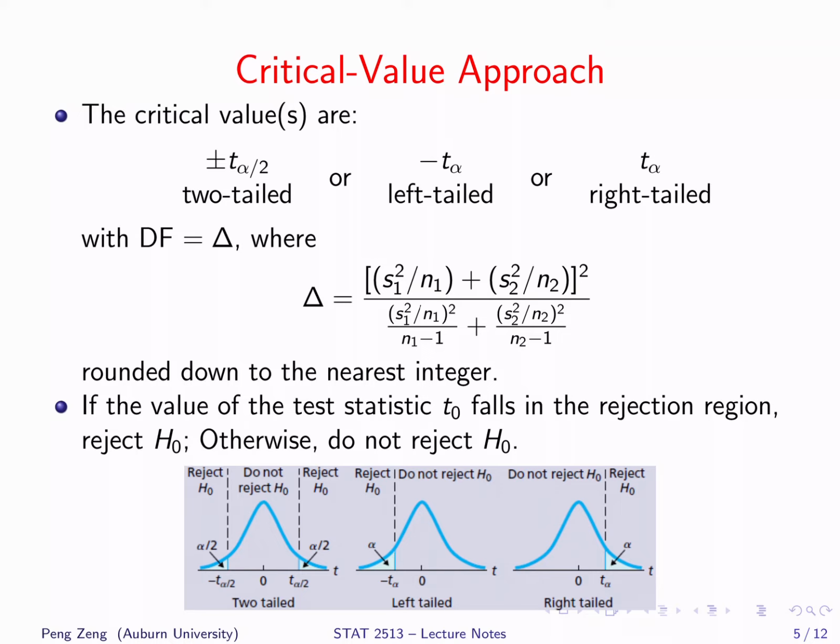The rejection region is less than negative t alpha. For a right-tailed test, the critical value is t alpha. The rejection region is larger than t alpha. Make sure to calculate the number of degrees of freedom correctly. It is delta rounded down to the nearest integer. If the test statistic falls in the rejection region, reject H0. Otherwise, we do not reject H0.